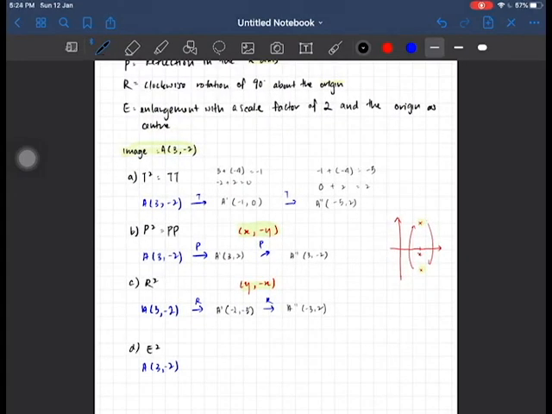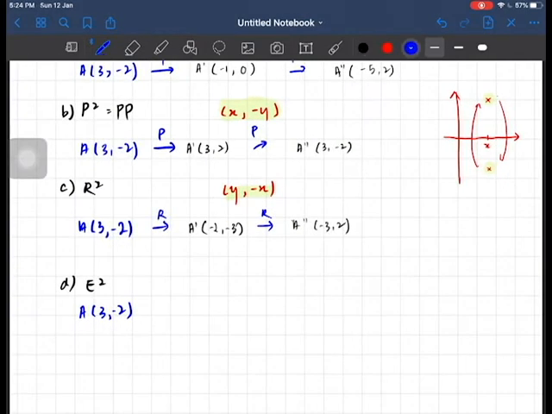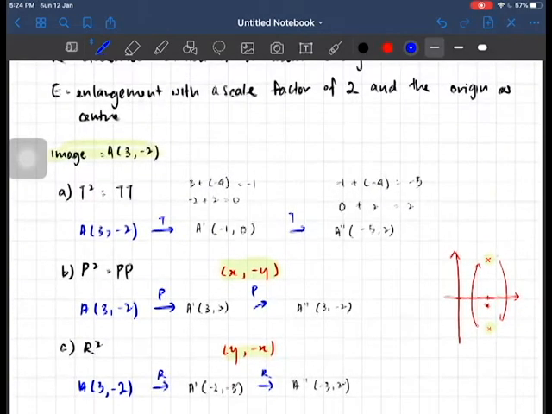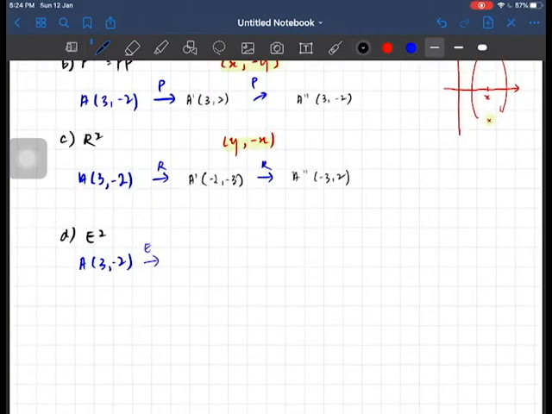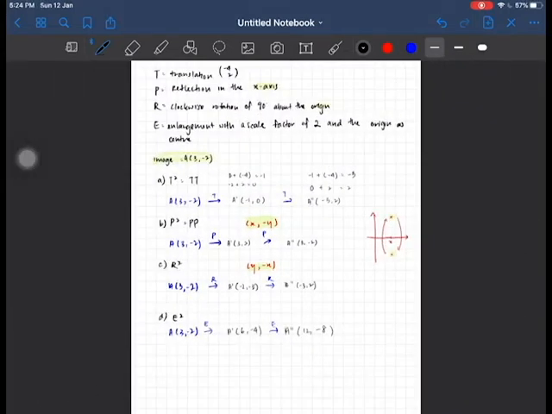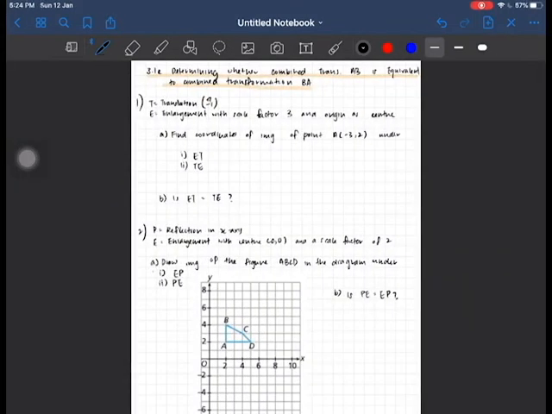EE is enlargement with a scale factor of 2 and the original center, which is what we have done at the beginning. So the scale factor is 2, you just have to multiply it by 2, and then again, and there you have it, your last image form.